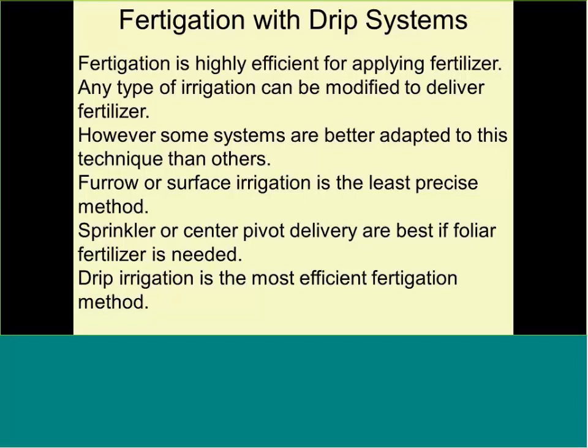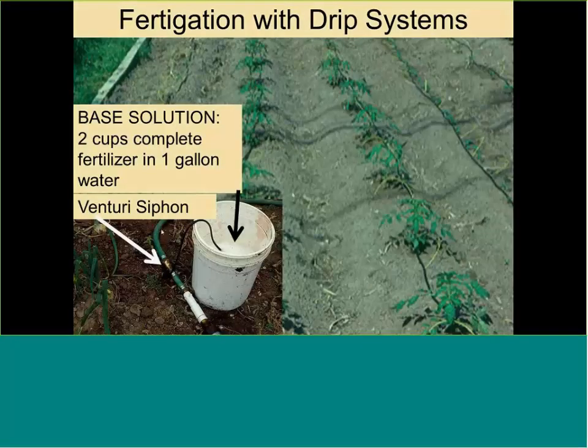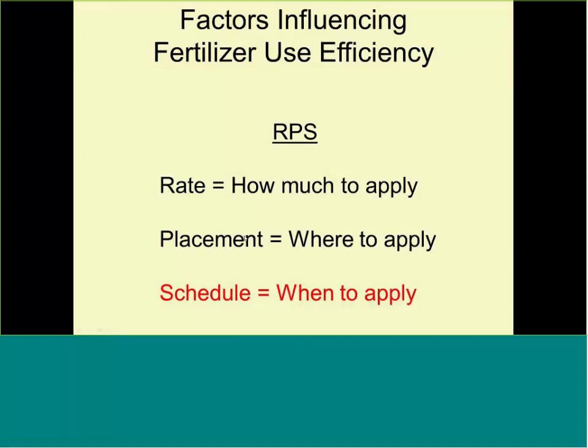So that's the one advantage of fertigation, or adding fertilizer with the irrigation water. That's what fertigation means, and it can be simply done using this Venturi siphon, $20, available at many garden stores.